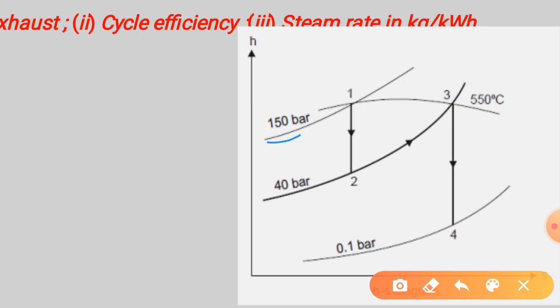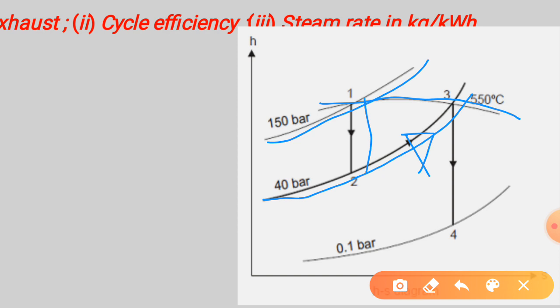Here we have a constant pressure line of 150 bar, that is boiler pressure P1, and 1 to 2 is isentropic expansion in stage 1. It expands till 40 bar pressure. Then at the same constant 40 bar pressure, we reheat it again to 550 degrees Celsius. This is the 550 degrees Celsius constant temperature line on the HS diagram.